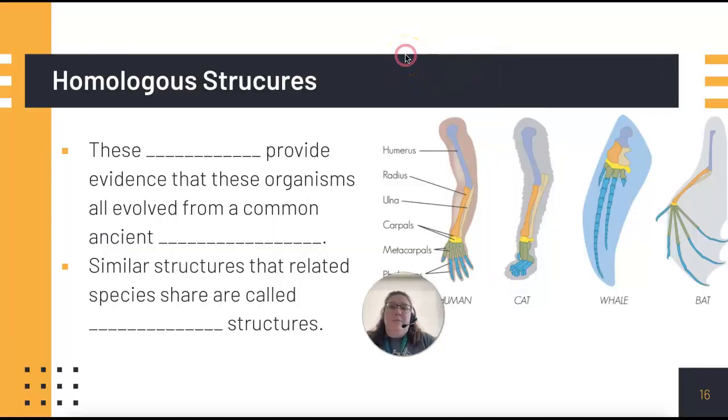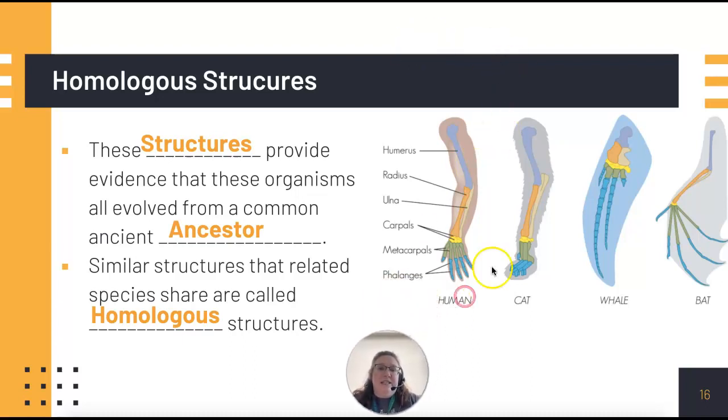So this would be homologous structures. These structures provide evidence that these organisms all evolved from a common ancestor. Similar structures that related species share are called homologous structures. Homologous just basically means shared structures. So the fact that these different species all have shared structures is another piece of evidence for evolution.